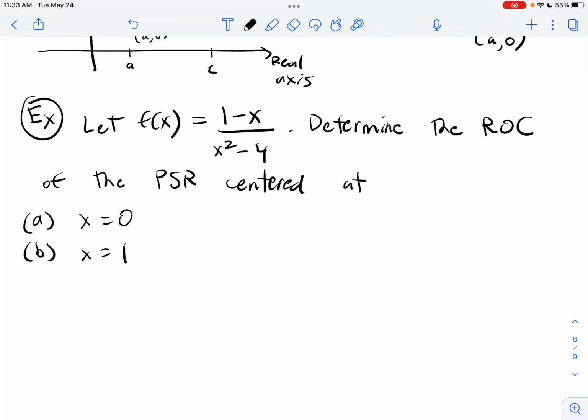Okay. So let's start by factoring the denominator of f of x, which is going to be x plus 2 times x minus 2, right?